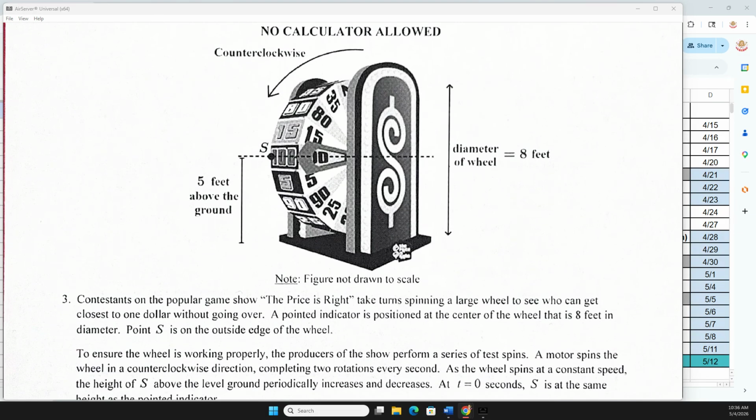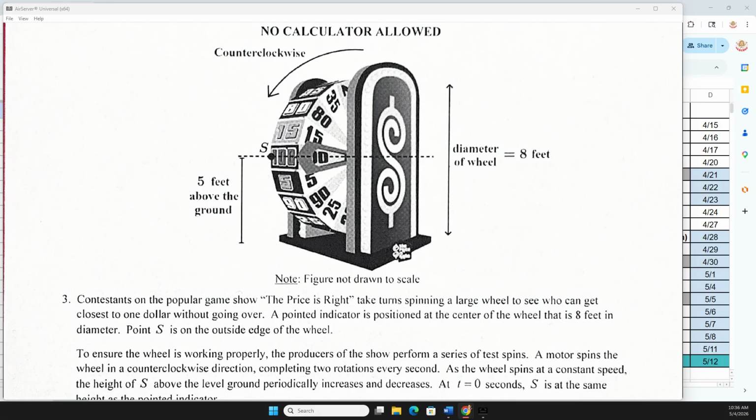All right, this one, it's kind of confusing to get what's happening at 0. So we'll read it together. So on this one, the contestants of a popular game show, The Price is Right, take turns spinning a large wheel to see who can get closest to $1 without going over.